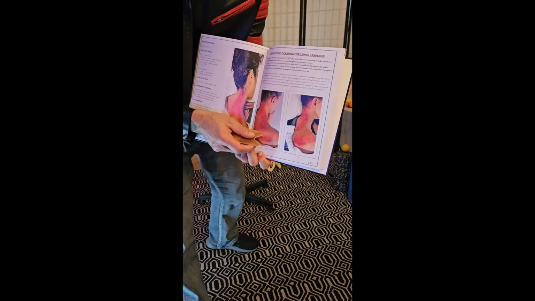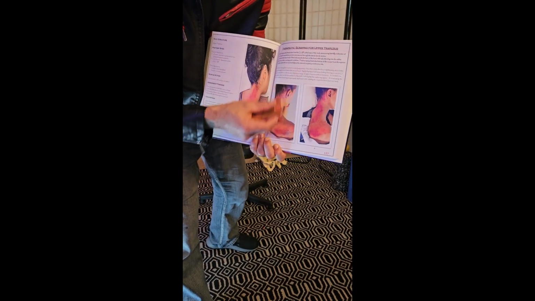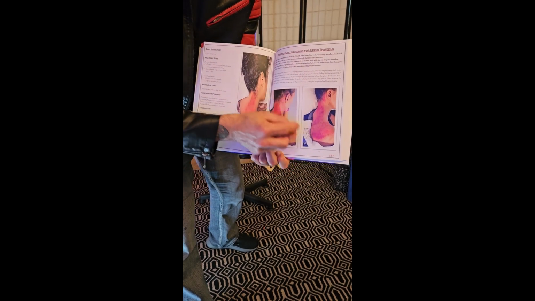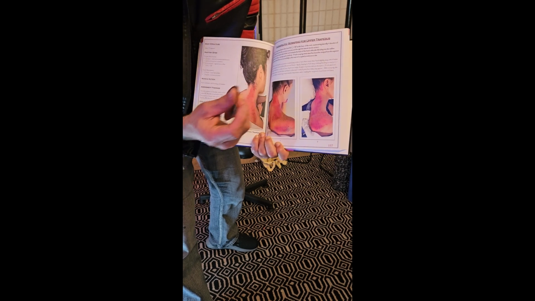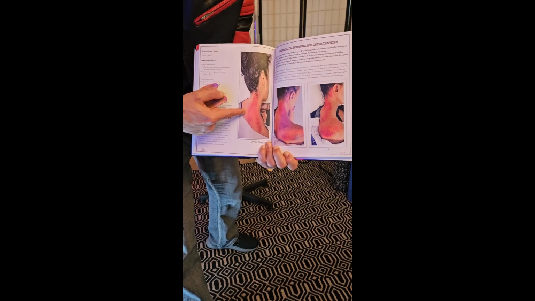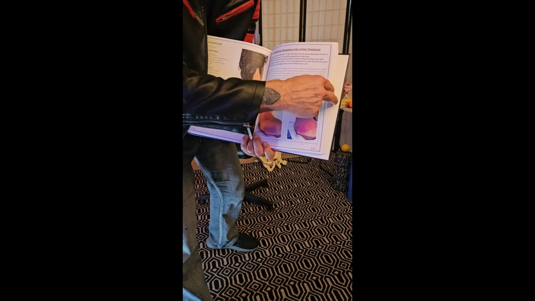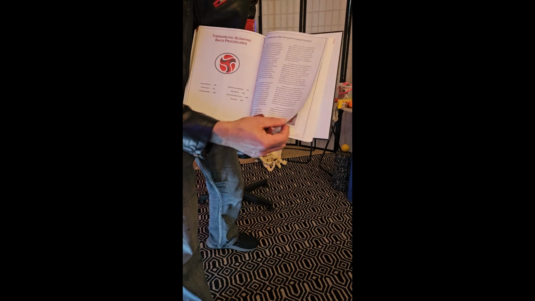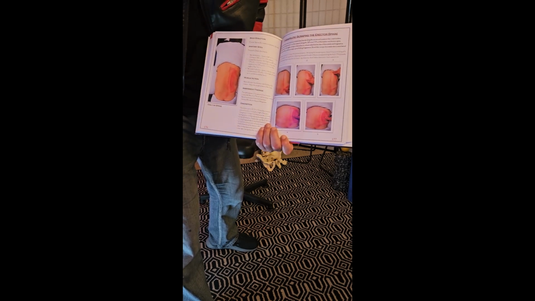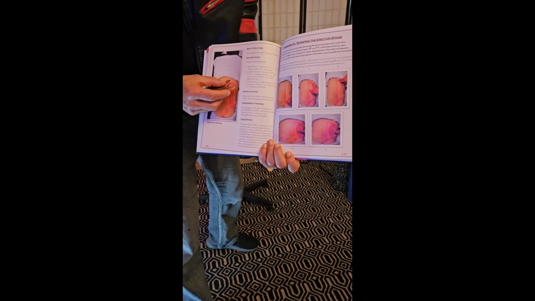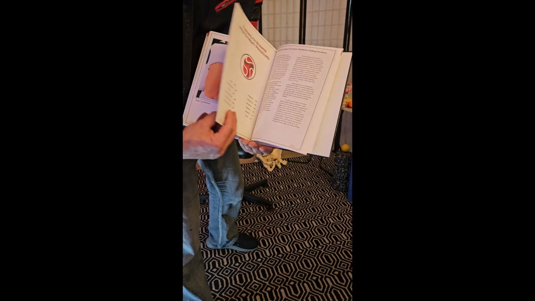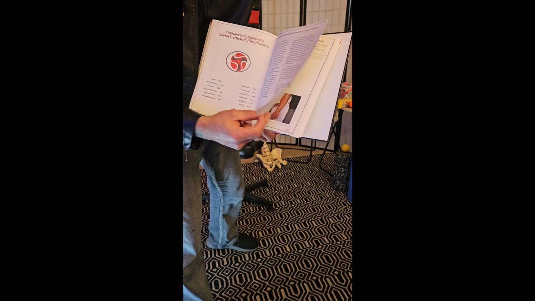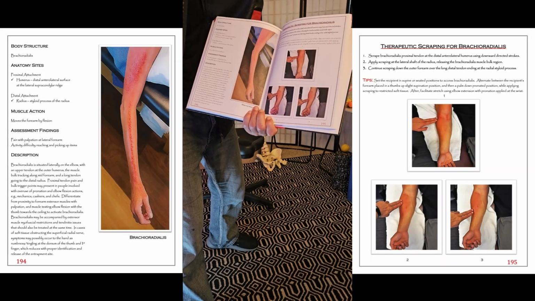apply using a tool to scrape through what was previously examined and palpated soft tissue rigidity. Whether it's in the neck, such as the upper trap, which is extremely common, whether it's in the back, or anywhere else along the body.